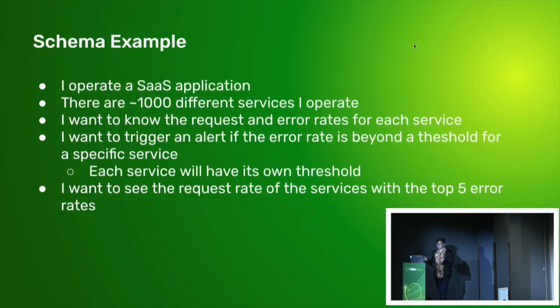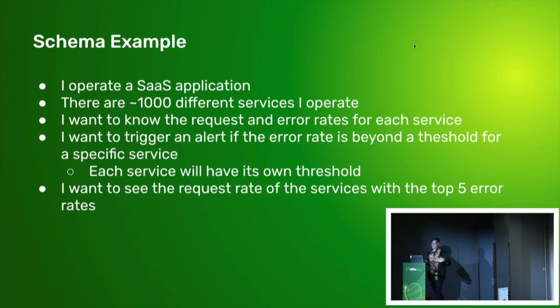So I think one thing that could be useful is to start with a schema example. Let's say that I operate a SaaS application where there are 1,000 different services, and I want to know the request and error rates for each one of those services, and I want to be able to trigger an alert if the error rate is beyond a specific threshold for a specific service. Different services may have different thresholds.